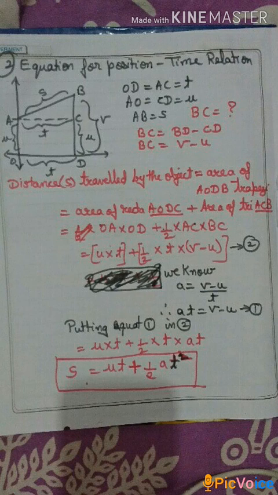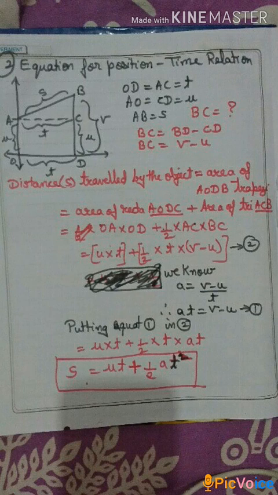The distance traveled by the object is equal to the area of the trapezium. That is, the distance traveled s is equal to the area of trapezium AODB. Now, the area of the trapezium is divided into two parts: the area of rectangle AODC plus the area of triangle ACB.